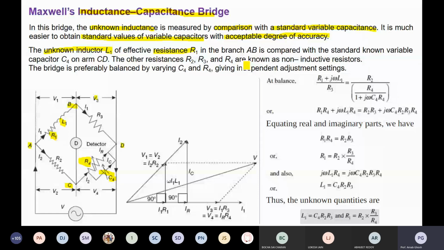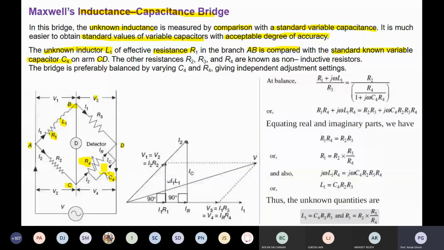Branch AB is compared with the standard known variable capacitor C4. Standard means you know that value, so you can change the value of capacitance. That's why it is known as standard. So both are represented across arm CD, and you can find out the value by changing this arm CD.